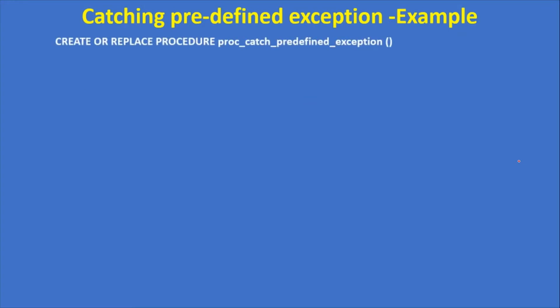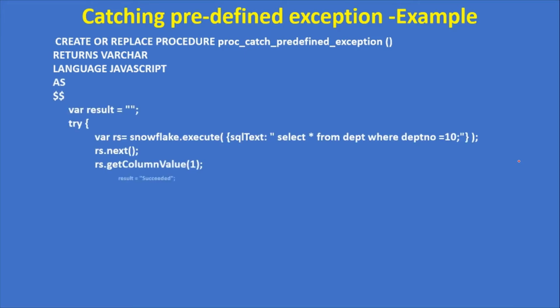Catching predefined exception. Here I am going to show you one procedure example. If you see here, this is the syntax to create a procedure. To catch the exception, you need to keep your statements inside the try block.